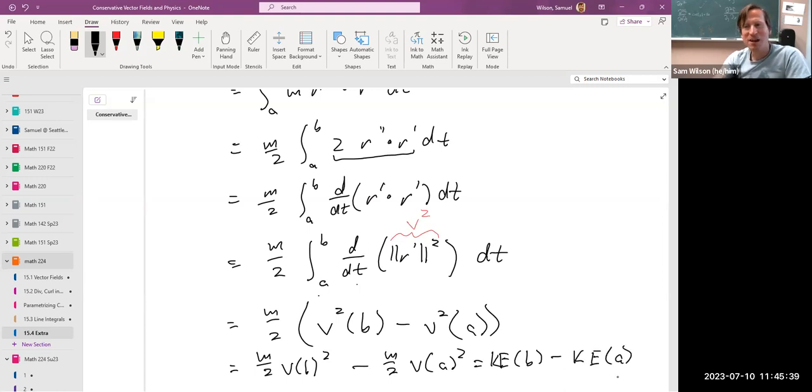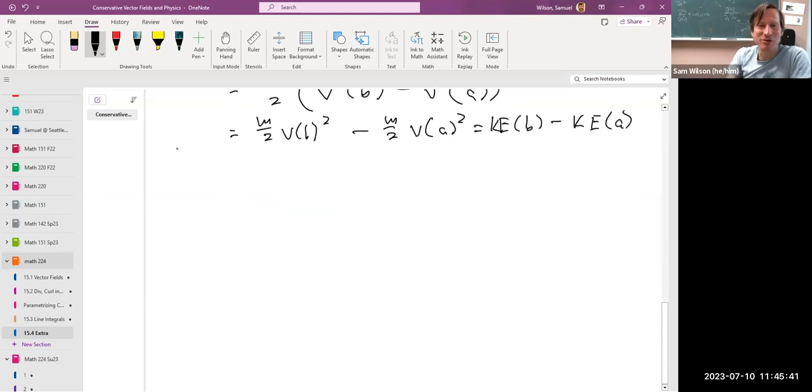Now we have two ways that we wrote down the work over this period of time. On the one hand, it was what we just got, the kinetic energy at B minus the kinetic energy at A. But on the other hand, remember, we also figured out a way to relate it to the potential energy.